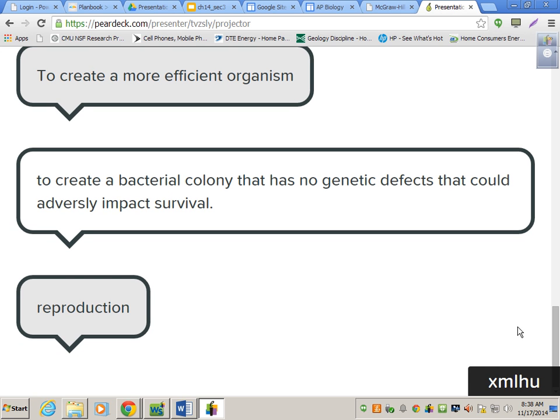So here's the kind of cool thing about bacteria. They don't reproduce sexually, but they have a lot of sexual behavior, so to speak. When I say that, I mean anytime you're sharing genetic information, it's sexual reproduction. I don't want you to think that bacteria are sharing DNA sexually, but I do want you to think about bacteria as not being as static as we think they are just because they reproduce by binary fission, right?